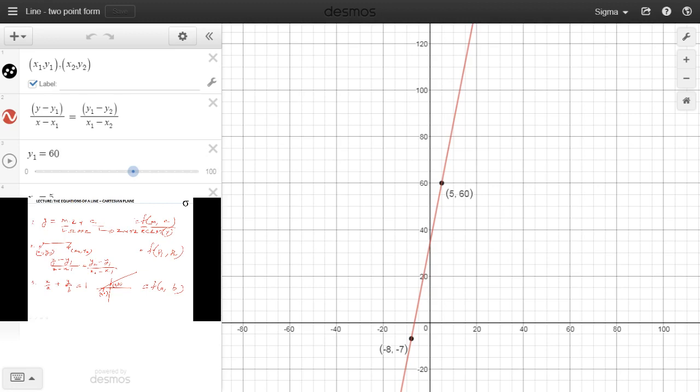Then again we have x2, which we are running from minus 100 to 0, and y2 from minus 100 to 0. Let's look at the current point. In this case, 5 comma 60 is your first point and minus 8 comma minus 7 is your second point. You can see how this line is absolutely defined by these two points.